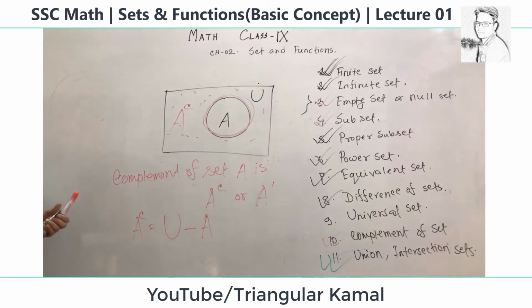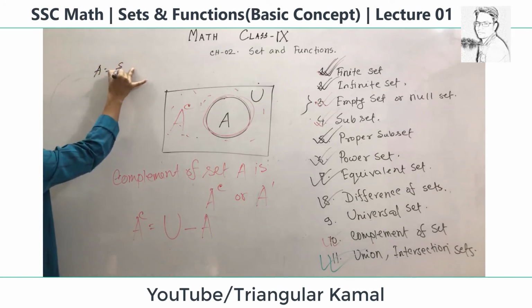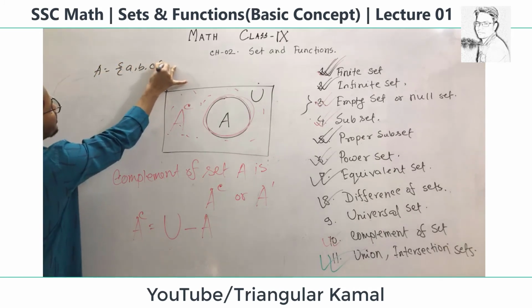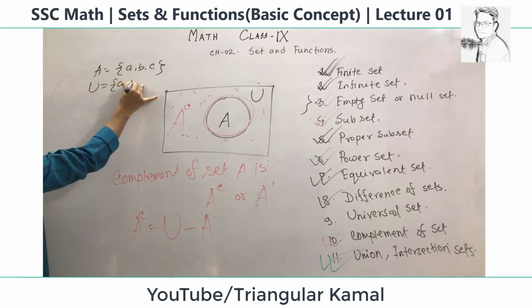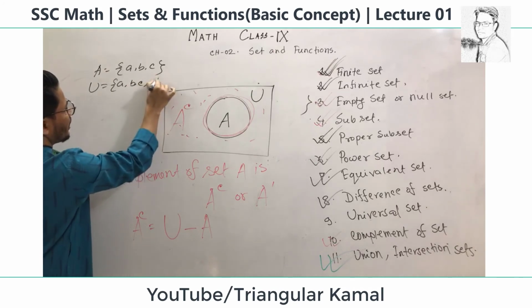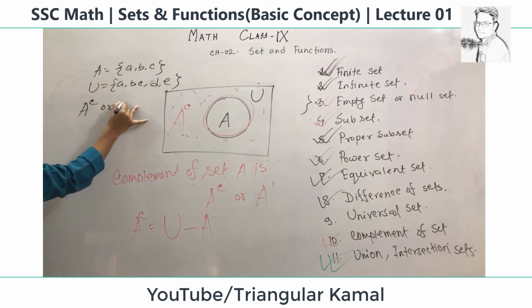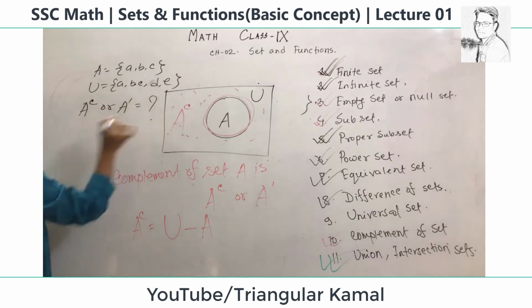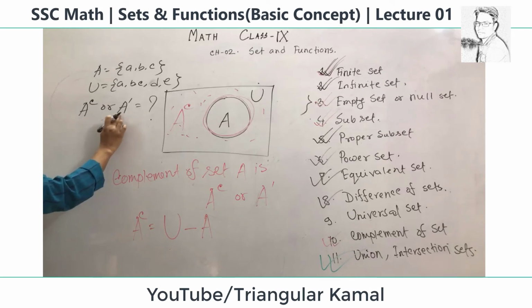Like this one, the set A is A, B and C. Universal set is A, B, C, D, E. So the complement or A prime equals what? Both are the same, the complement or the prime: the difference of the universal set and set A.